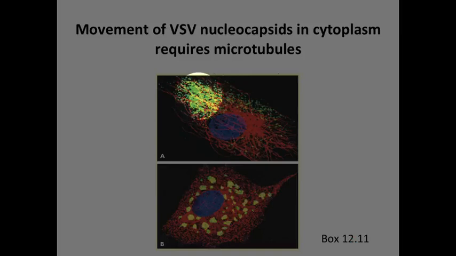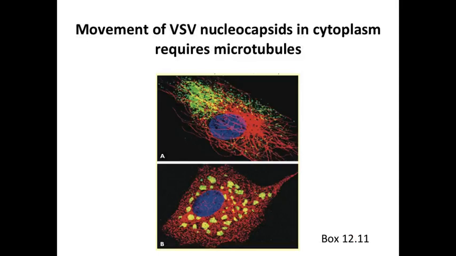So you can see in the top panel, this is just an infected cell, untreated. These nucleoproteins are moving from the periphery, from around the nucleus towards the plasma membrane. So they're moving there by transport on microtubules. They're going to make it to the plasma membrane and eventually be incorporated into new virions.